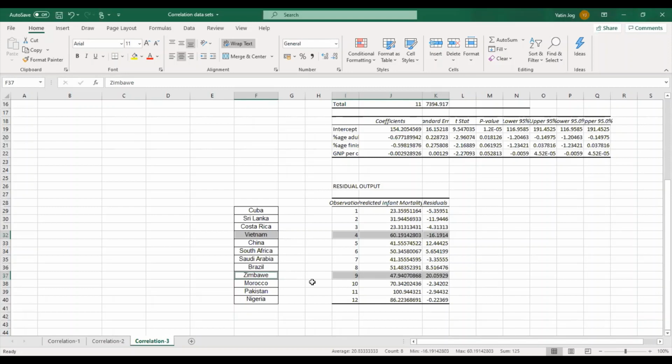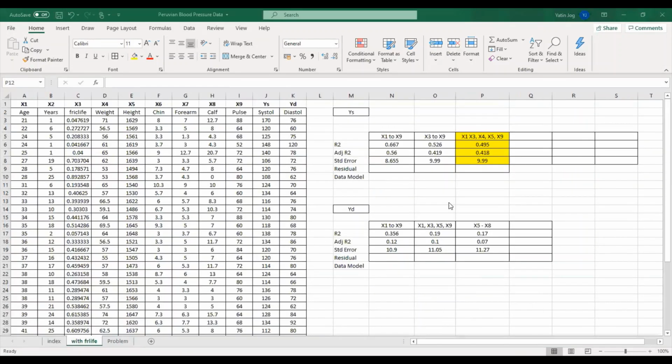I will not say the whole data model is wrong or has to be redesigned. No, the current data model is good for all these countries, but I have to reconsider the data model for Vietnam and Zimbabwe. Maybe I have to consider a few variables which are local and specific to these two countries, and create separate data models, one for Vietnam and one for Zimbabwe.